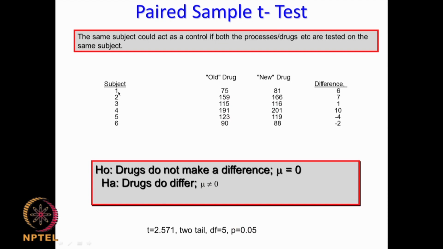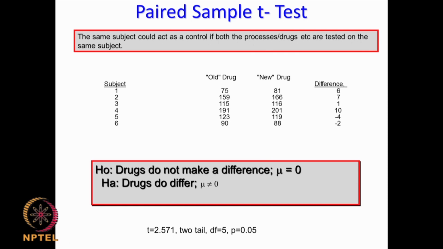I am testing old drug on subject 1 and old drug on subject 2, old drug on subject 3, 4, 5, 6, and I look at the performance. It could be a blood glucose lowering drug, or it could be a heartbeat lowering drug or cholesterol lowering drug, and then I wait for a few days, so that assuming that the effect of the old drug gets completely washed out, and then I give this new drug on the same 6 volunteers.